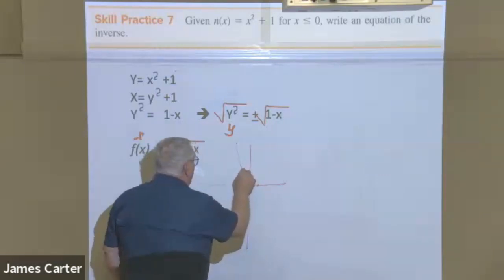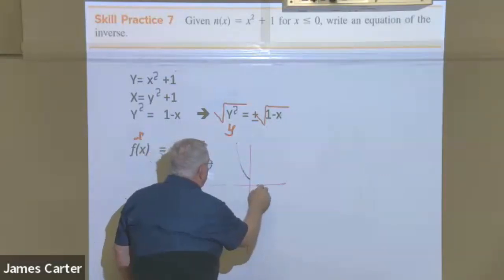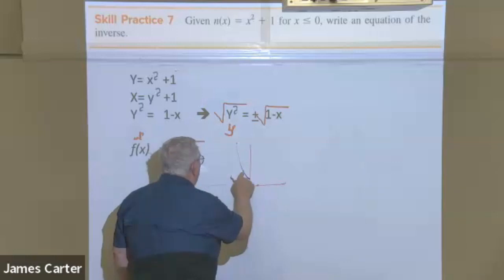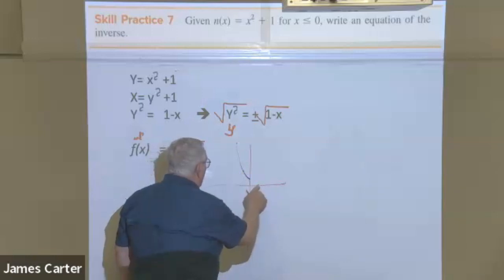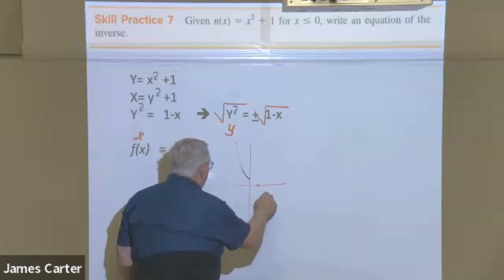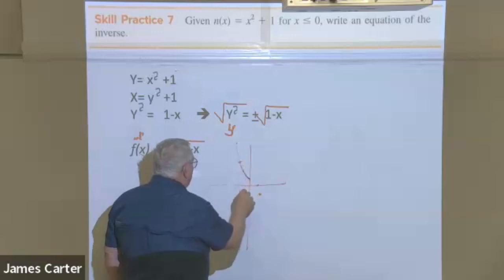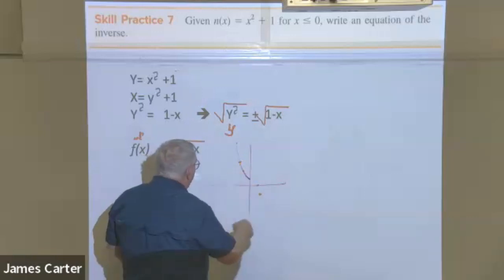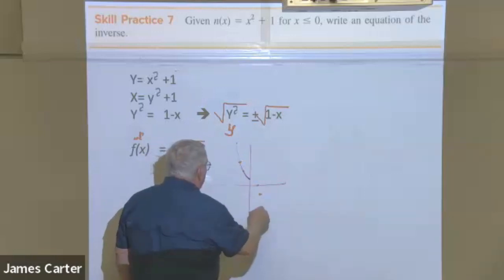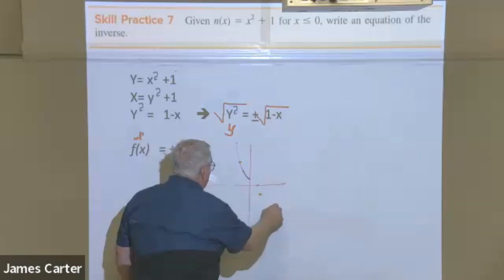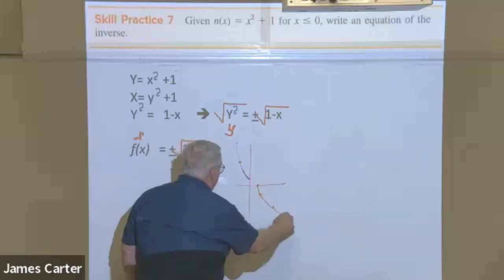If this is -1, 1, then this is 1, -1. If this is 2, 4, I'm just going to call it, then I would have 4, 2, and this is going to be going out like that.